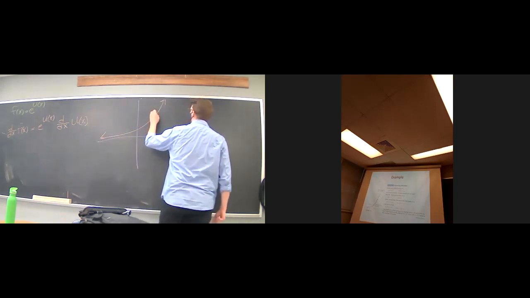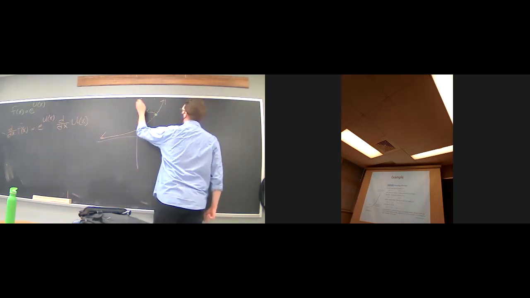So let's say we have some random point here. And we want to know what the slope of the tangent line was to that point.